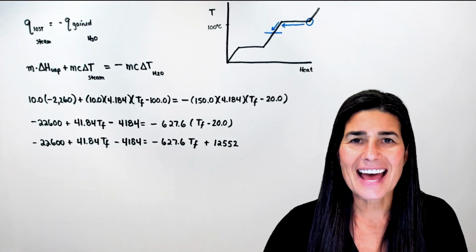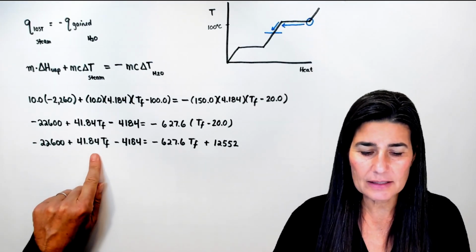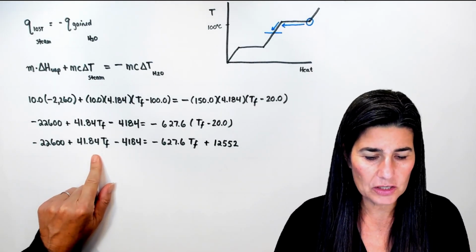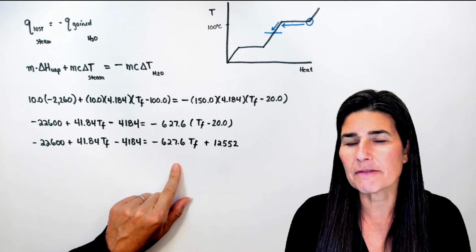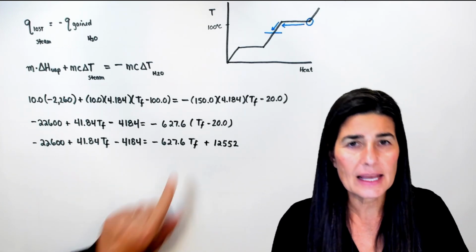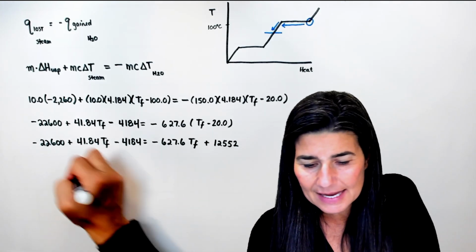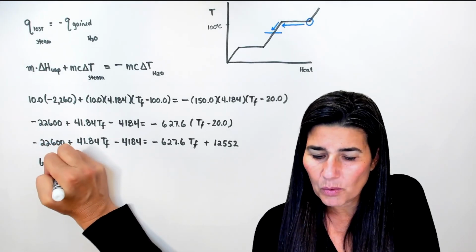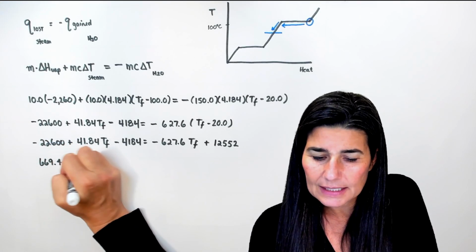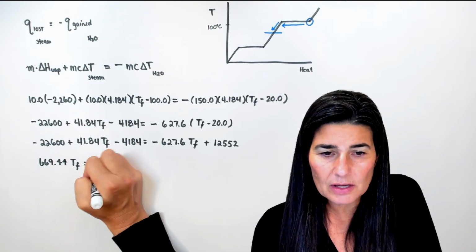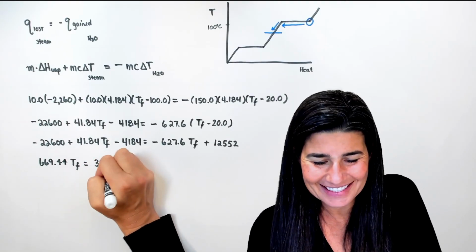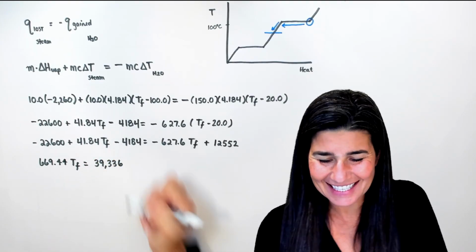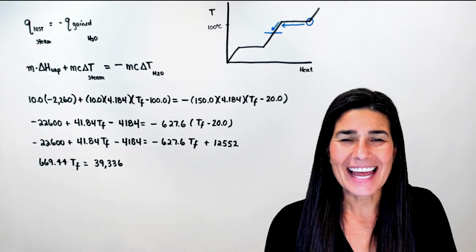All right, we're going to gather like terms. I'm going to bring my final temperatures over on this side of the equation and then everything without a final temperature over on this side. And if we do that, I got 669.44 T final equals 39,336.